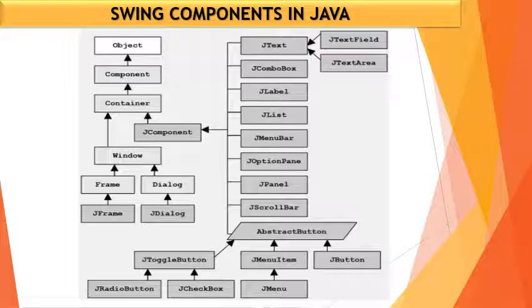And on the other side, at the left hand side, the JFrame and JDialog are the components of frame and dialog respectively, with Window as a class, and all those JComponents and Window are concerned with the container.